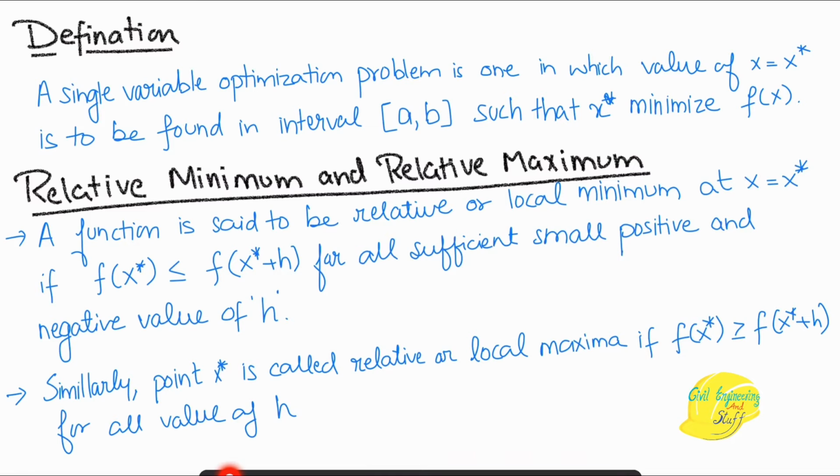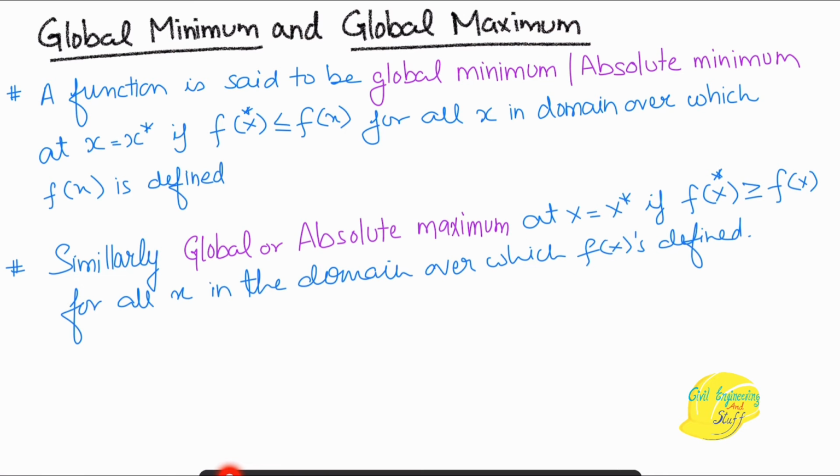The opposite of this is a relative or local maximum, where f(x star) is greater than or equal to f(x star plus h). Likewise the global minimum and global maximum point can be defined.